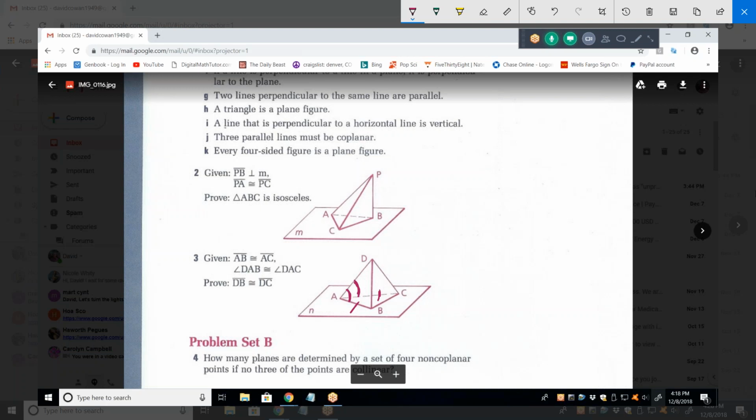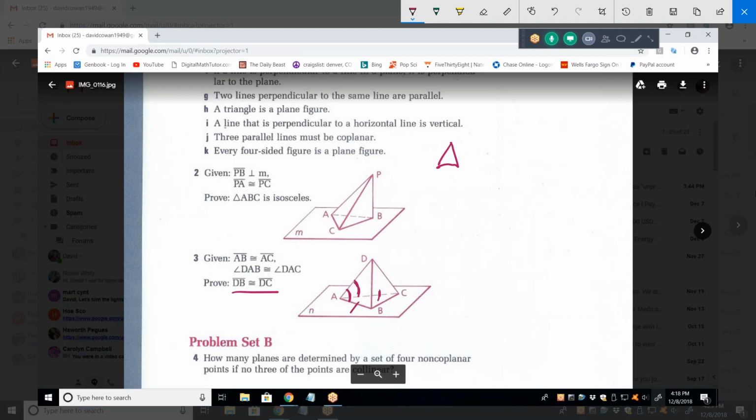Well, given the last problem, what's probably going to be what we need to do here? We probably need to find the other triangles. Which triangles are congruent? They're asking us to prove that DB is congruent to DC. Well, which two triangles are they in?